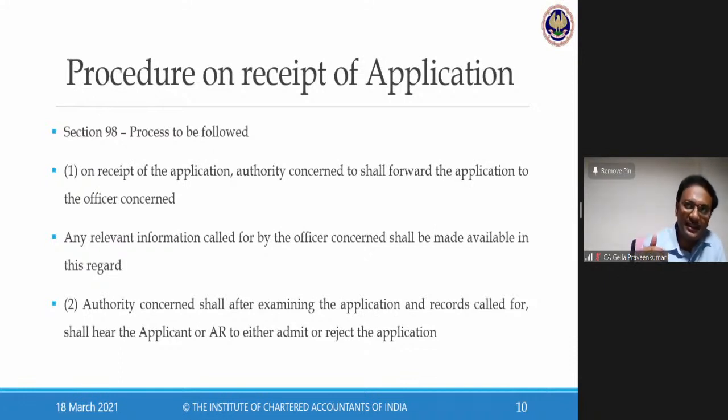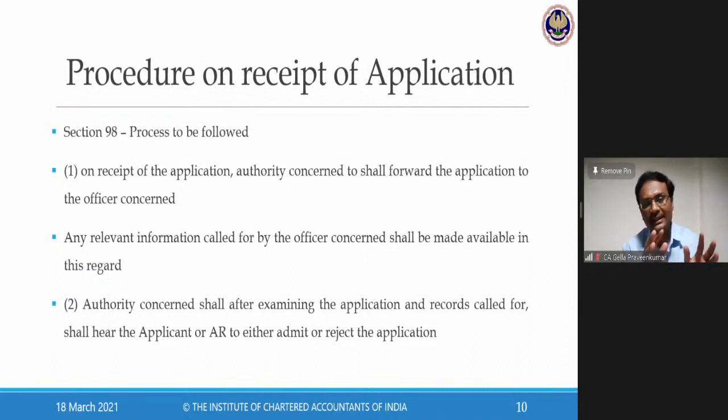When you read your Central GST, there is Schedule 2. In Schedule 2, there is something called tolerating an act or abstaining from doing an activity. So they would say, for examining this particular provision, please provide the copy of the contract. I would examine it and then give my opinion on that matter. So the applicant will give the documents to the officer, and the officer in turn will forward them to the authority.